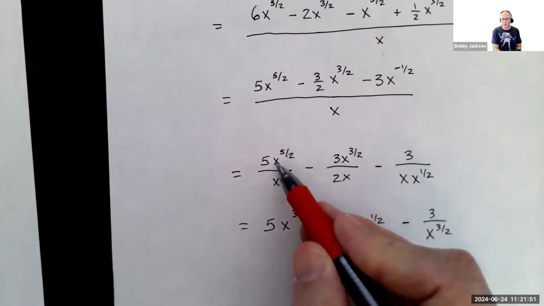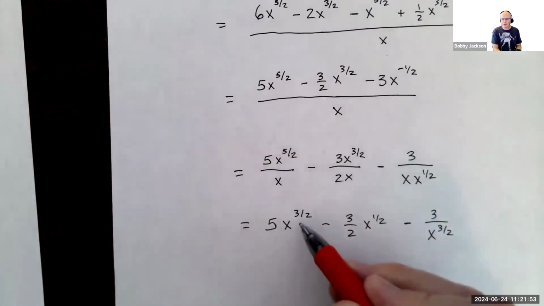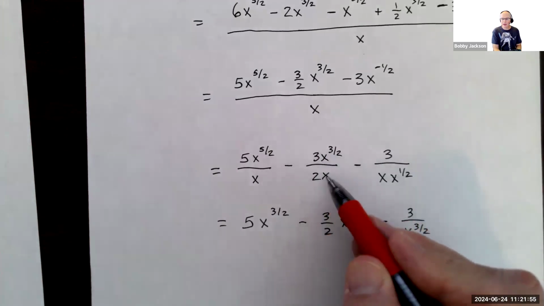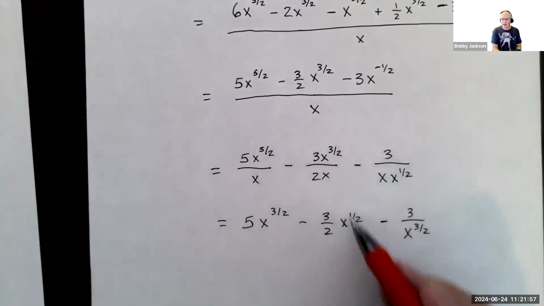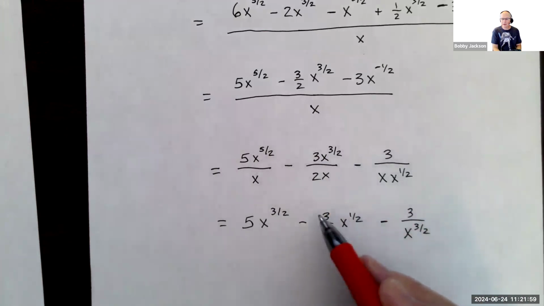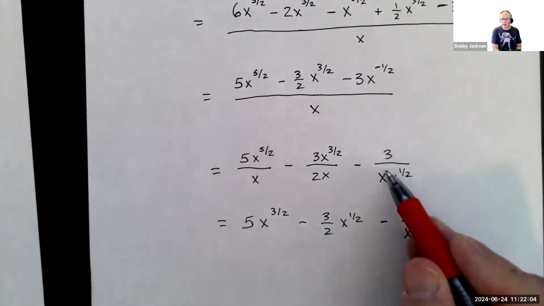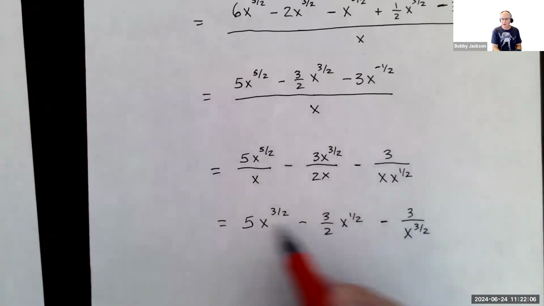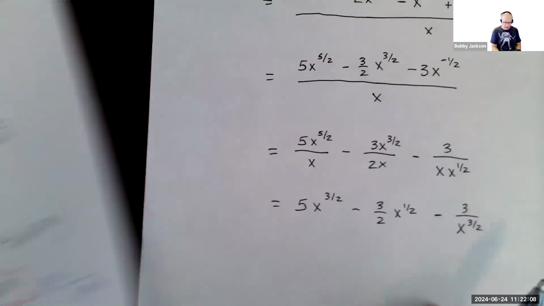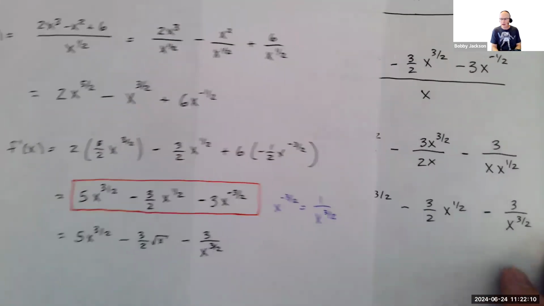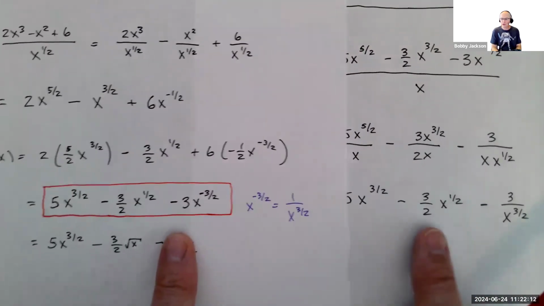And so here, simplify, I get 5x to the 3/2 minus what? 3/2. Again, subtracting exponents, 3/2 minus 1 is just 1/2. 3/2 x to the 1/2. And then here I got x times x to the 1/2. Add the exponents. 1 plus 1/2 is 3/2. So here is the same answer we got from the other situation.